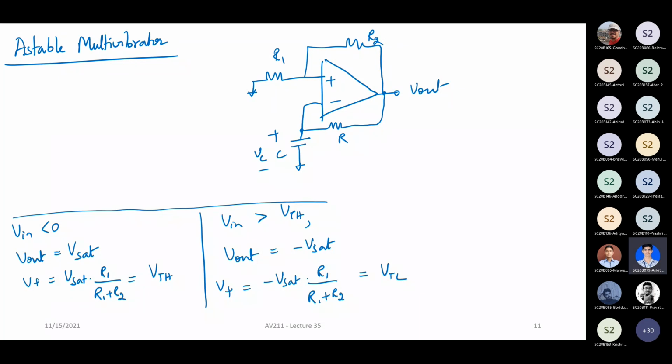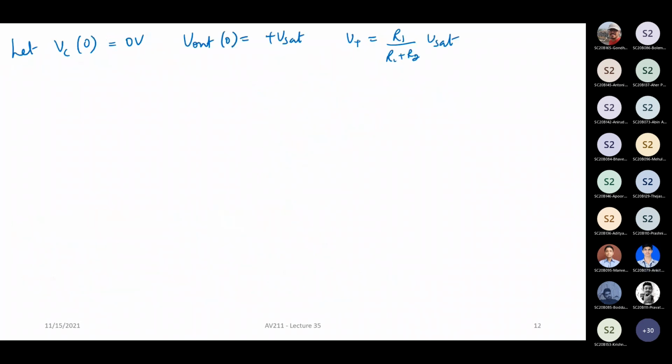Capacitor will charge. Very good. Equivalently, your Vout is now plus VSAT, and you have a resistor and a capacitor. Obviously, this capacitor will charge. So how will it charge? How can you write VC of t?